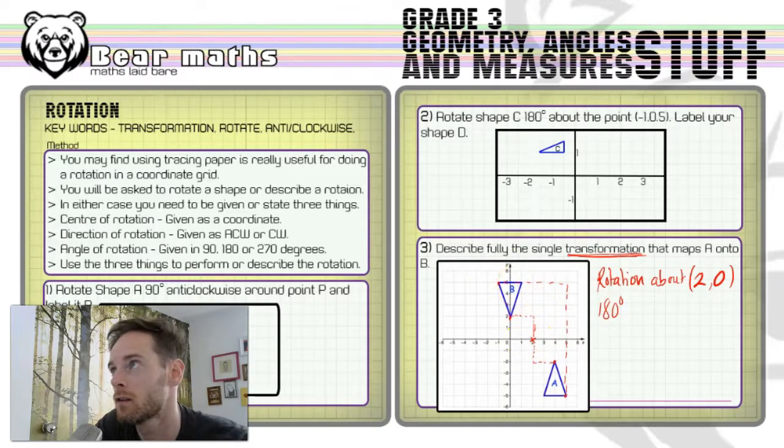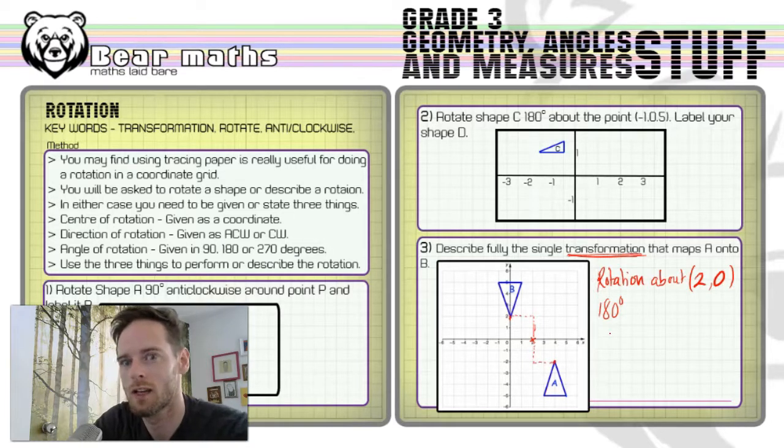I'll just get rid of that work in there. You don't need to see that bit necessarily. That's just me confirming that that is definitely our center of rotation point. That's a bit tricky to find. You could find that using a kind of stabby method with your compass, pencil, and piece of tracing paper. Anyway, that's rotations in a nutshell.